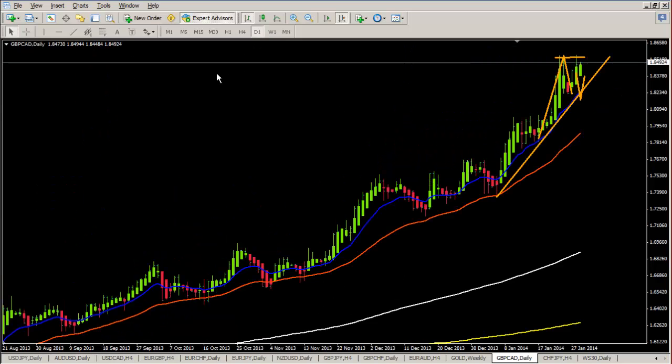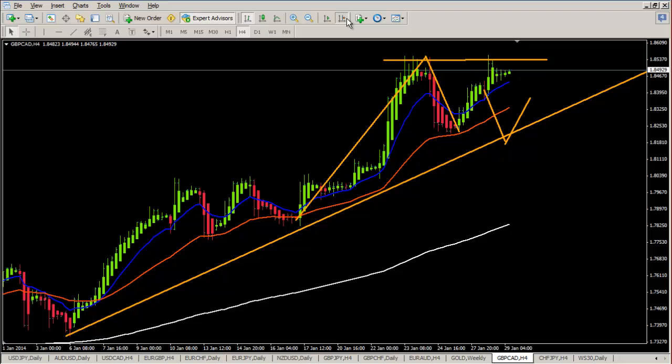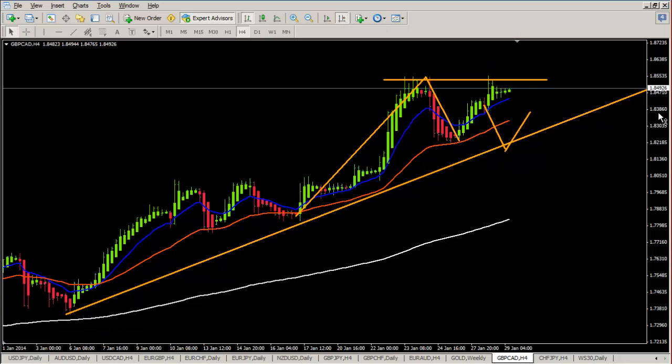Otherwise it's just very, very long still. And many of you have positions here, swing positions, so I guess you would like to see a break that would reach the 2000 pips area soon for some traders using GBP CAD.